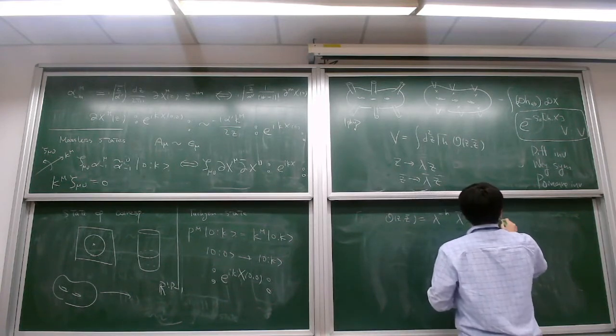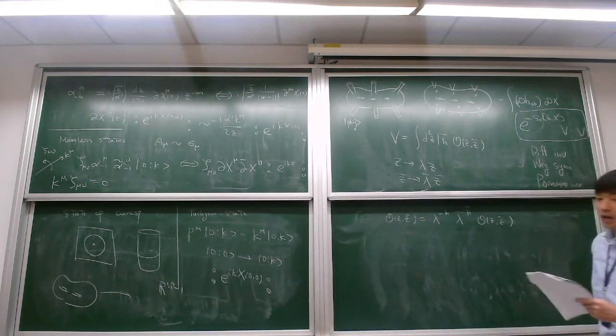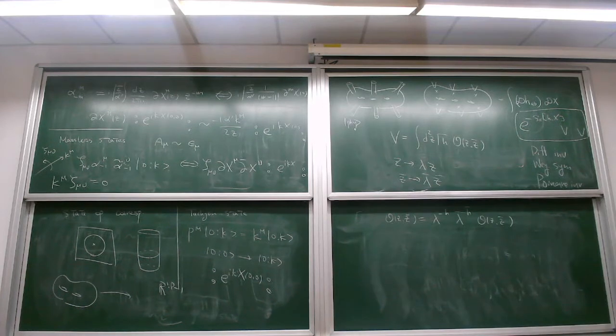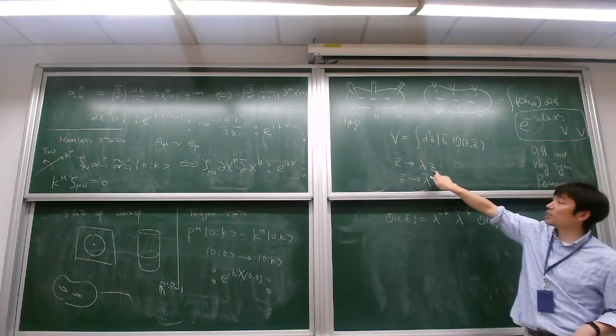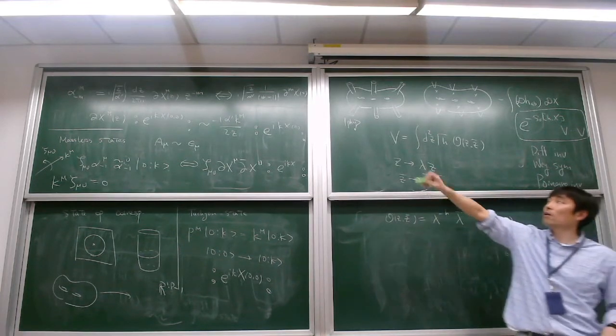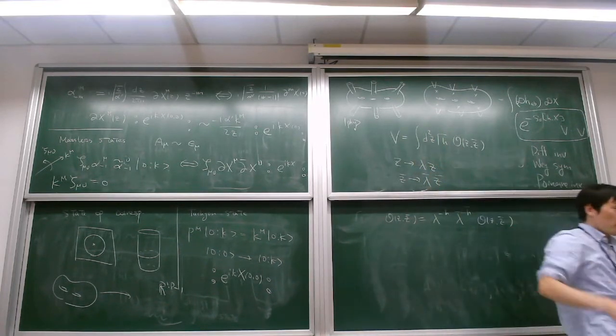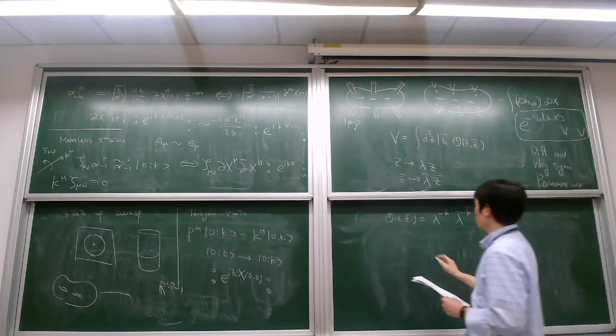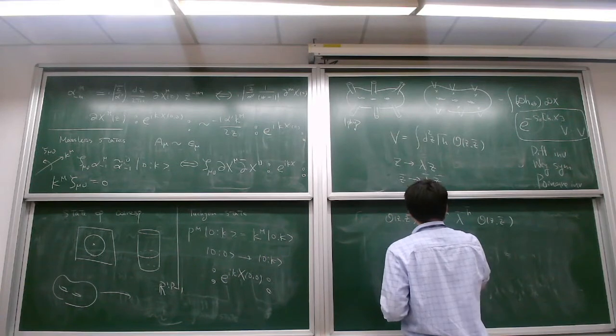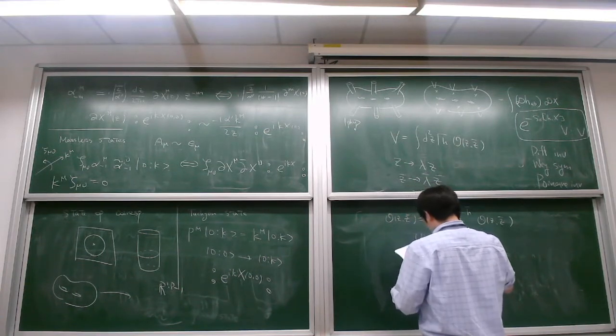This is how an operator in a CFT with conformal dimension h, h bar should transform. And we know that the measure scales with lambda z and lambda bar z bar. So in order for this vertex operator to be invariant under the transformation, h and h bar have to be equal to 1, 1.